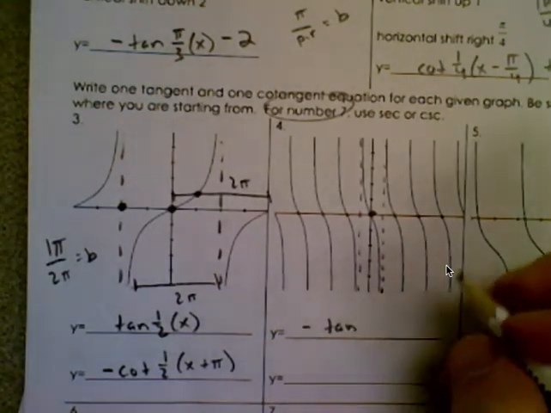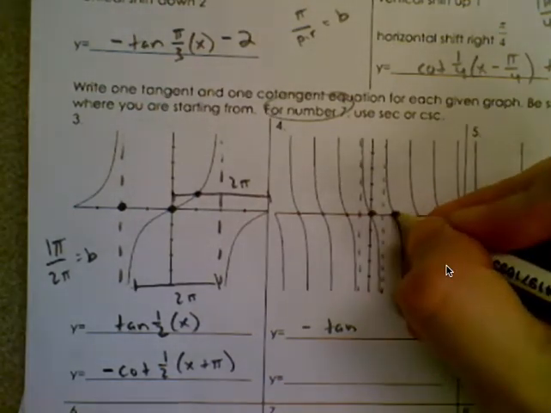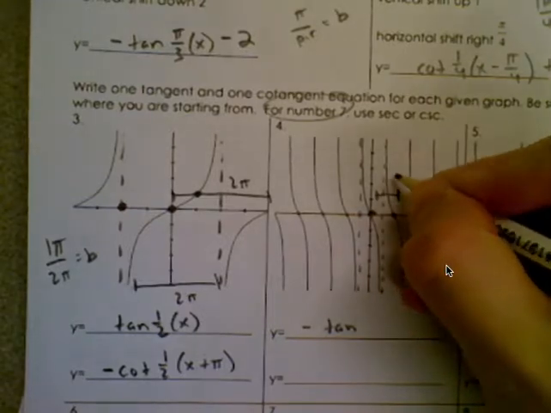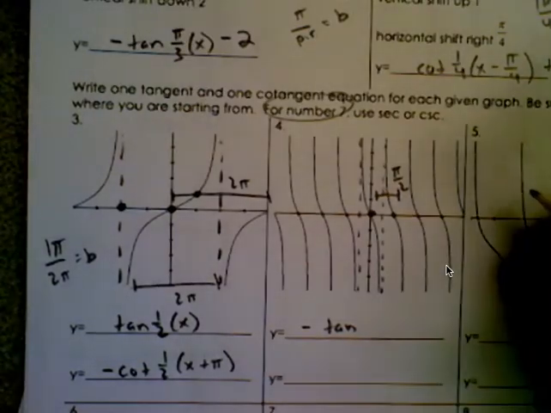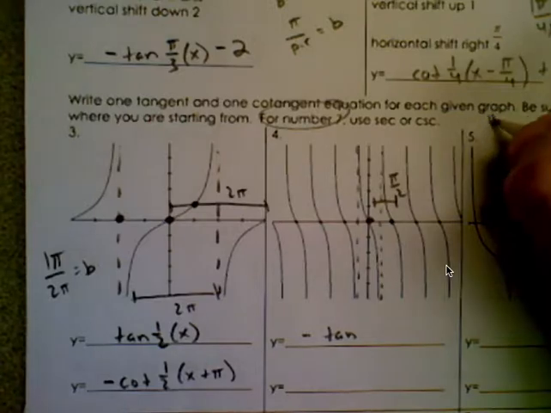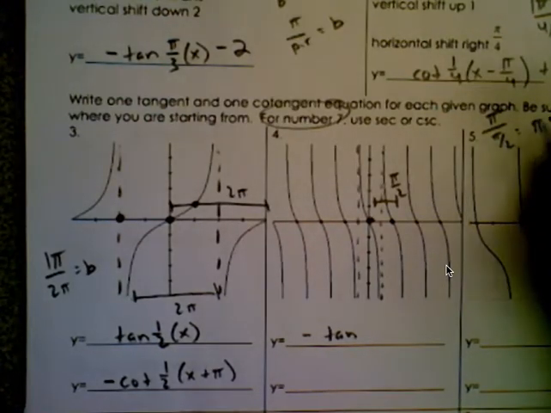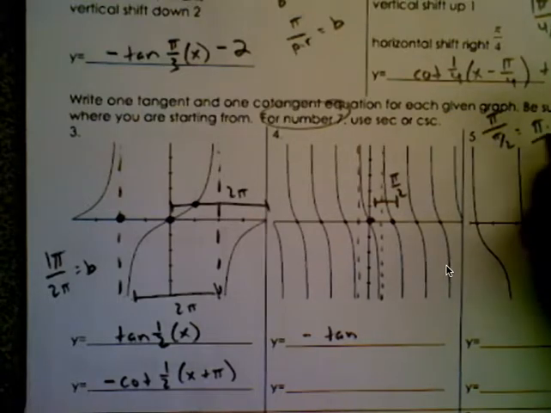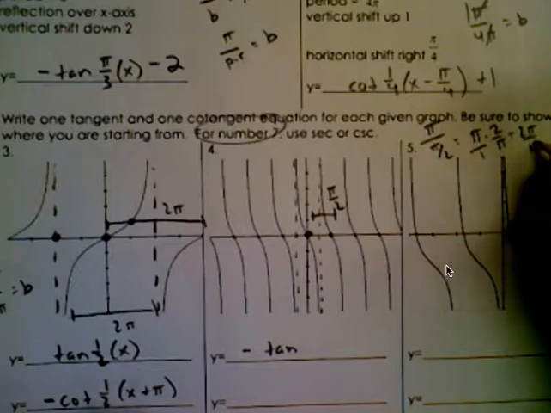It appears that there might be a period change here. So if you count from this point to that point, that is a distance of pi over 2. So we know the period is pi over 2, and we know that b is always going to be given by pi divided by the period, which equals pi times 2 over pi, which equals 2 pi over pi, which equals 2.